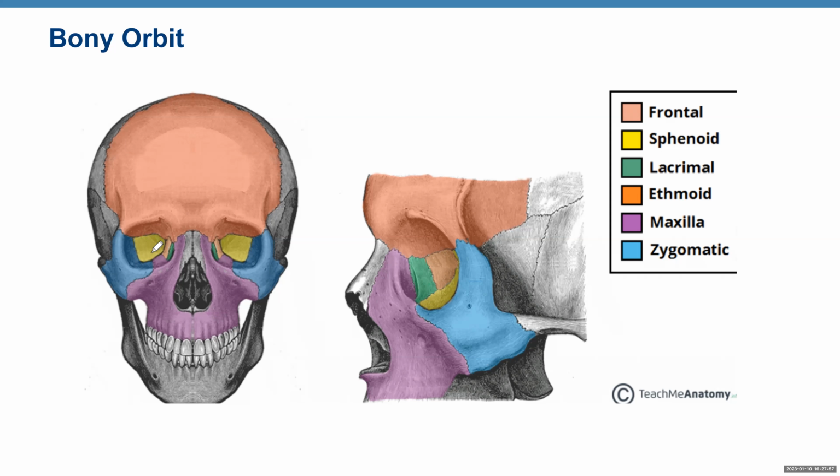Lacrimal bone is the green one. Ethmoid bone is this, like light orange color. So in the lateral view, you can see nicely that's nasal bone. Then we have maxilla, lacrimal bone, ethmoid bone, and yellow is sphenoid bone. And of course, the superior part of the orbit is made of frontal bone.